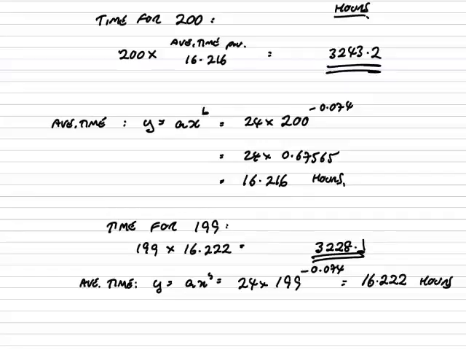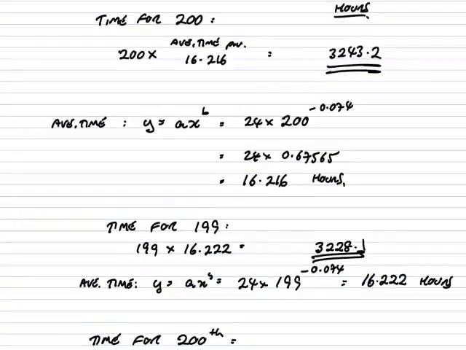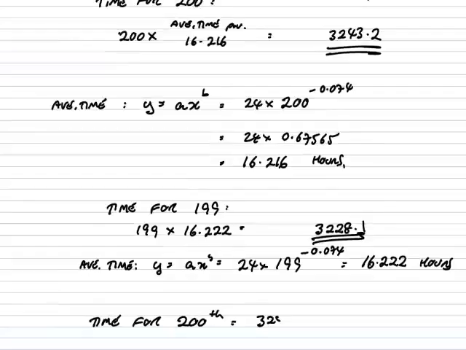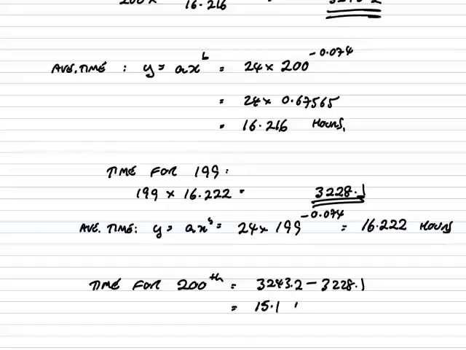Because we know how long 200 took, we know how long 199 took, and so the time for the 200th is the difference. 200 in total with 3243.2, 199 in total 3228.1, and so the time for number 200 is 15.1 hours.